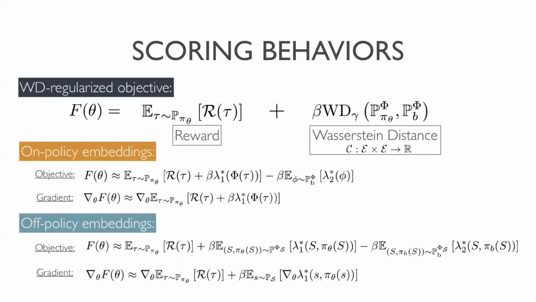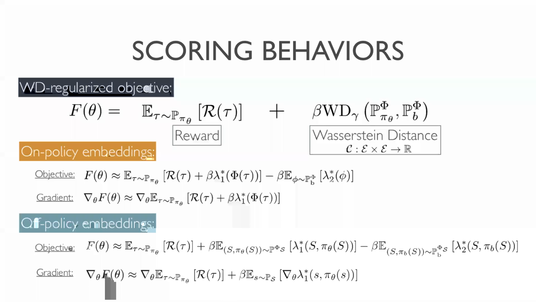And here you see how the objective translates into a gradient for both on-policy and off-policy embeddings. In the case of on-policy, the objective, using the previous approximation we introduced two slides ago, can be written as the reward plus beta times the test function evaluated at the embedding of the trajectory sampled at this time.